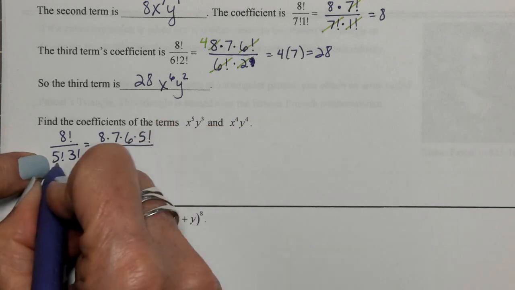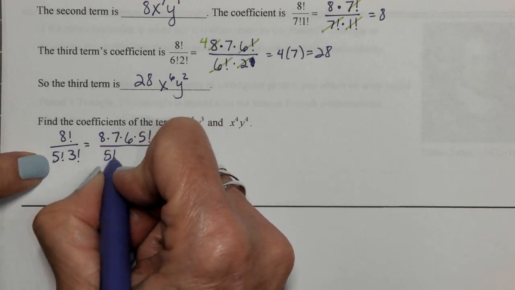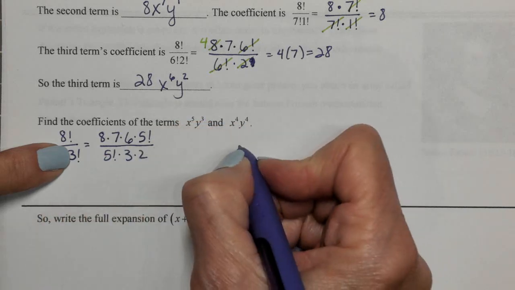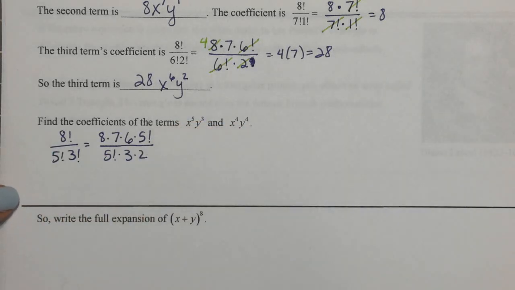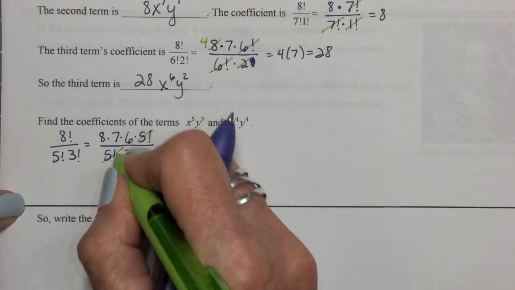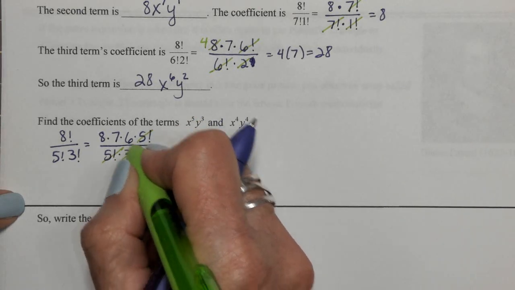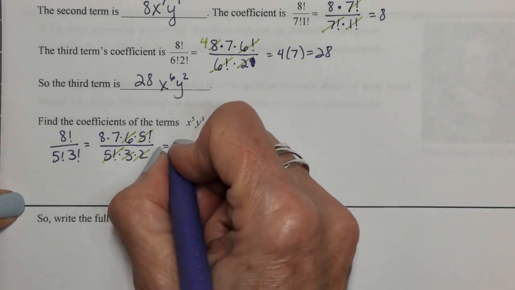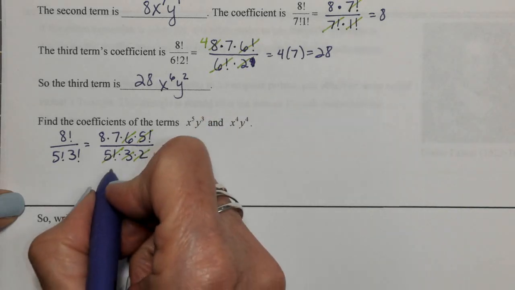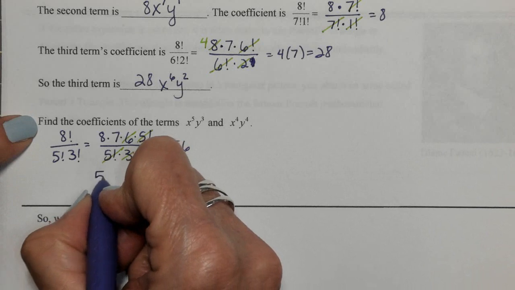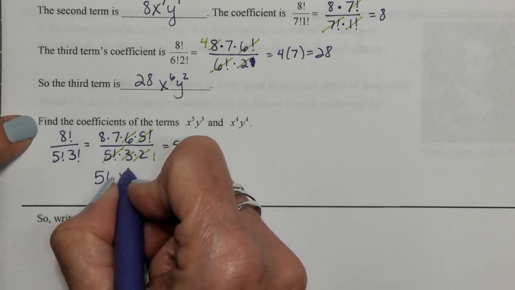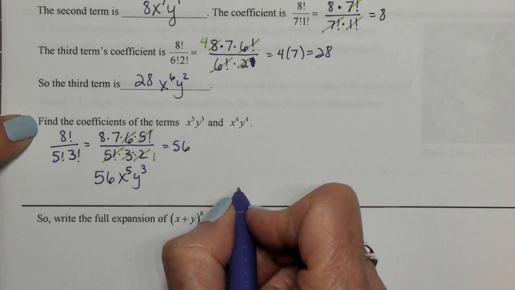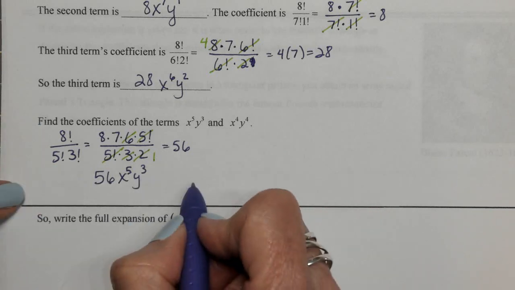I'm stopping there because of the 5 factorial on the bottom. 3 factorial is 3 times 2 times 1. The 5 factorials reduce out. 3 times 2 is 6. It leaves a 1 on the bottom, so this coefficient is 56. So the term will be 56 x to the 5th y cubed. That'll be the term. The coefficient is just the number in front.